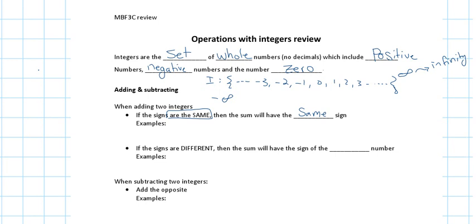Yes? Because if I'm adding, let's say, 3 and 5, that gives me 8. If I'm adding -3 plus -5, that's going to be -8. All right? So there are two integers with the same sign. They're both negative, and I'm adding them together.